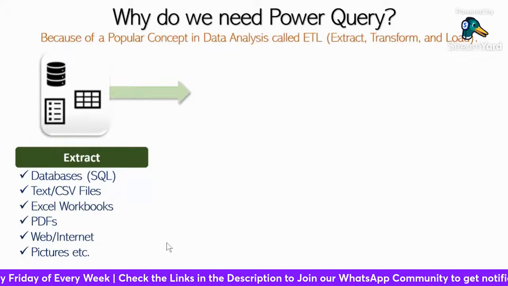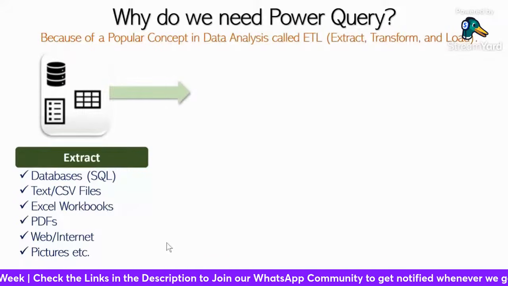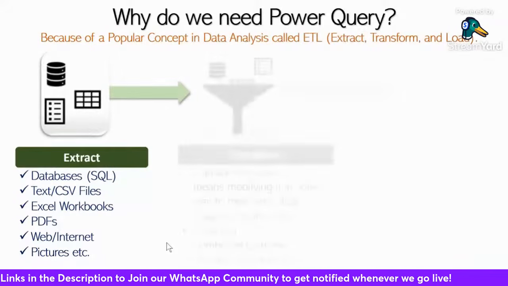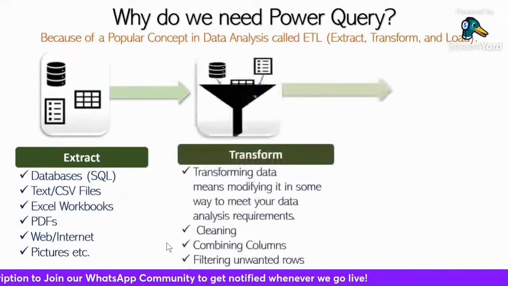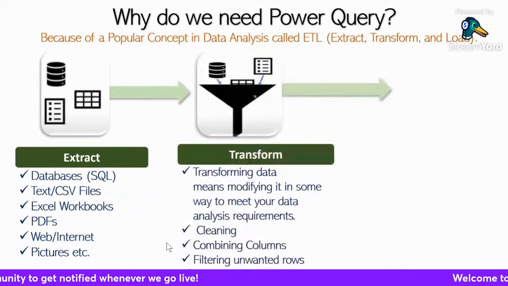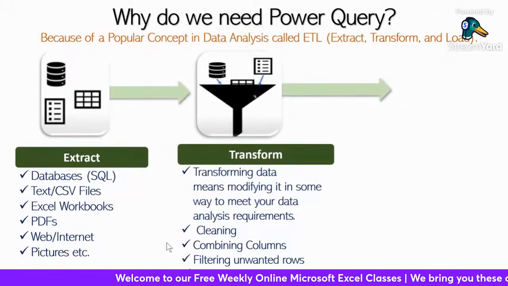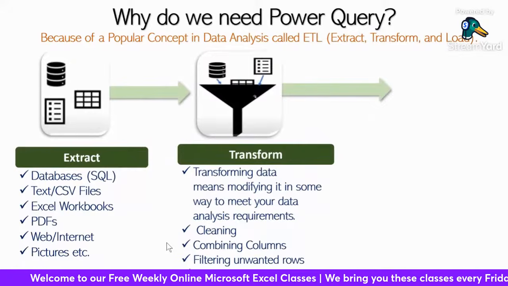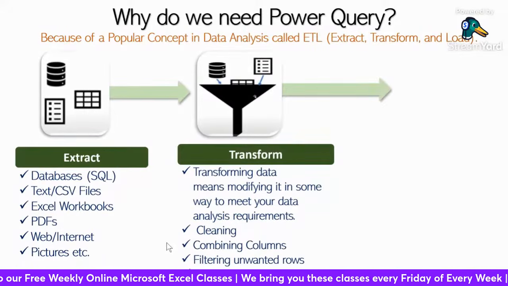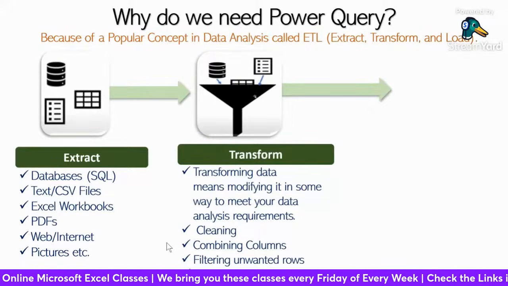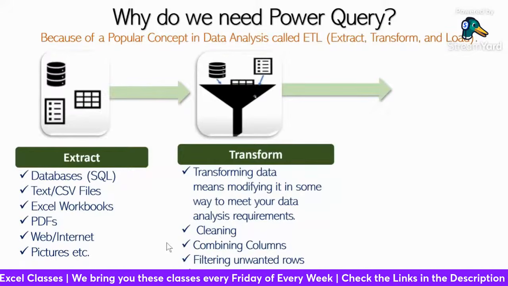Now, after you've connected and extracted that information, you have to make some transformations. You go through some transformation, changing your data and shaping it up before you actually start analyzing it. So that stage is called the transform stage. Okay. And inside the transformation stage, you're modifying your data so that it suits your data analysis requirements.